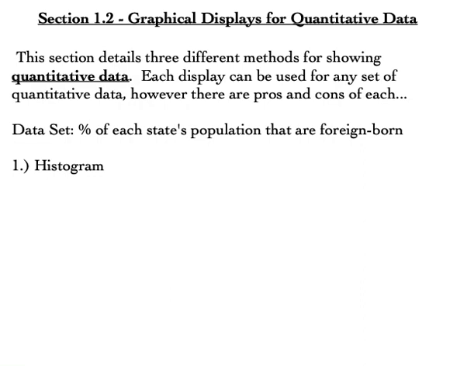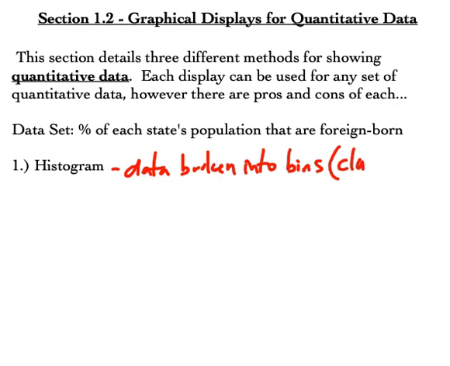So we'll start with a histogram. I'm just going to write a couple things down here. So histogram, first of all, the data is broken into bins. Sometimes those bins, depending on the book we're looking at, are called classes.